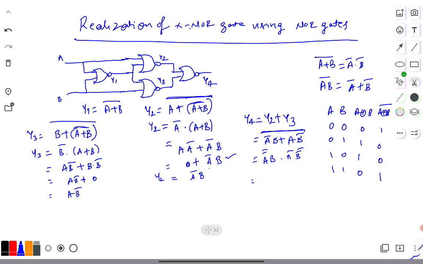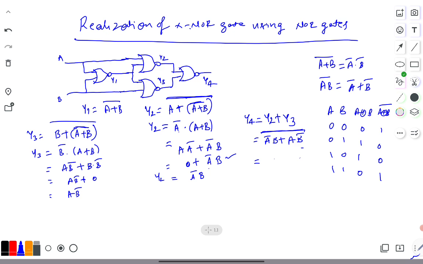Here you will get A bar with A B plus A bar B. See, A bar B. Now I will apply De Morgan's theorem here.